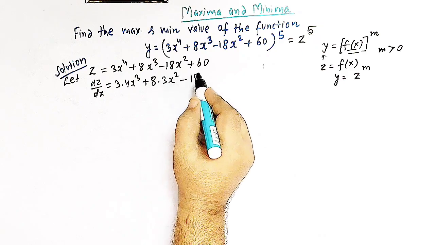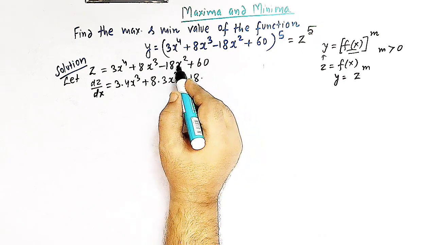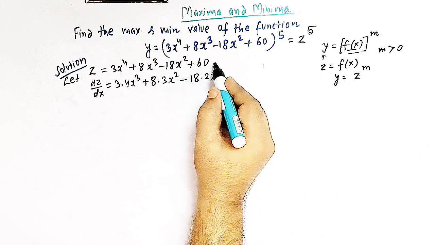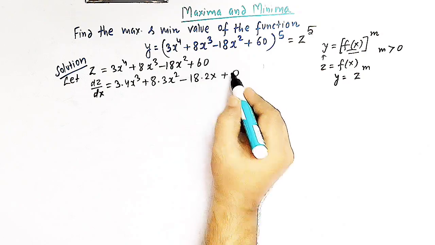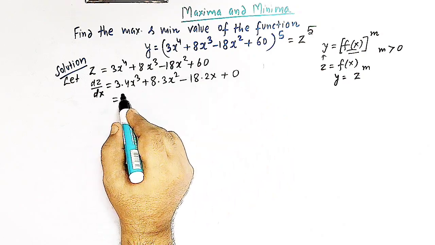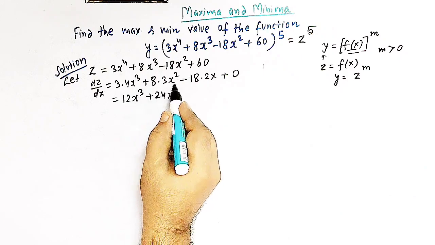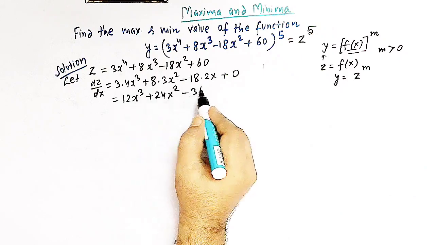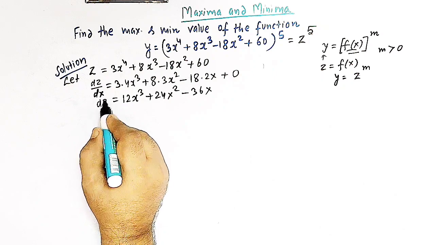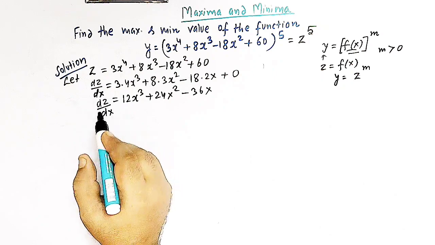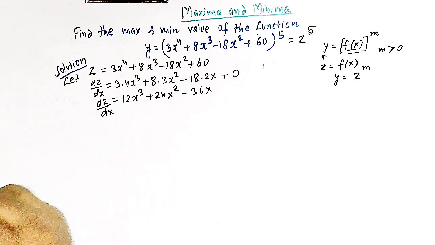And here we have minus 18 times the derivative of x^2, which is 2x, and the derivative of 60 is 0. So we have 12x^3 + 24x^2 - 36x, right? So this is our first derivative of z with respect to x.